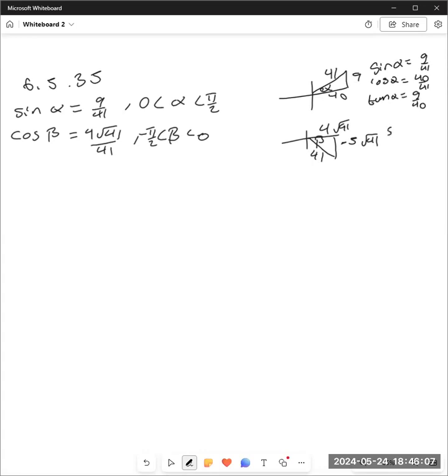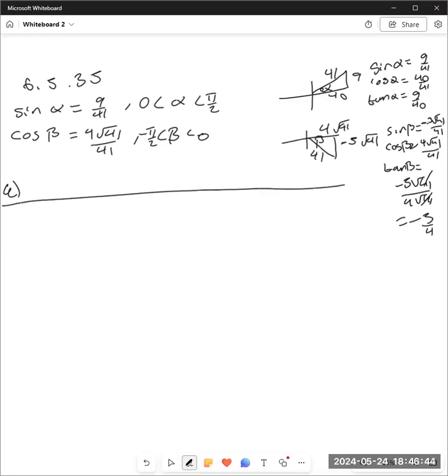We know that sine beta is equal to -5√41/41. We know that cosine beta is equal to 4√41/41. And tan beta is equal to -5√41/4√41, and the √41s will cancel as -5/4. We're going to need all those to answer parts A, B, C, and D here.